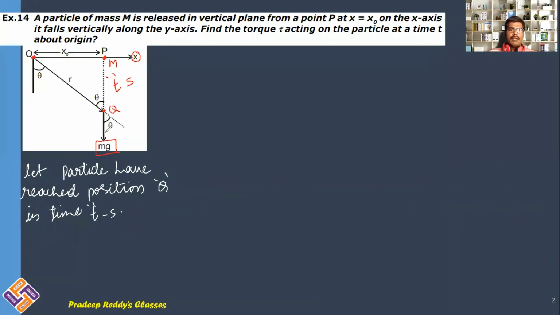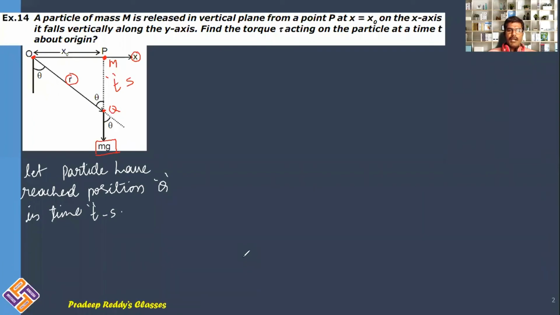Now R bar and mg bar are inclined by some angle theta, which is not exactly perpendicular. So R bar and mg bar are not making an angle of 90 degrees here. This is R bar, and mg bar is in this direction.